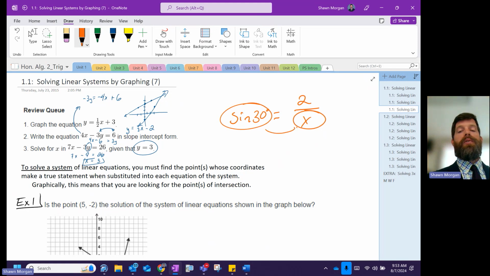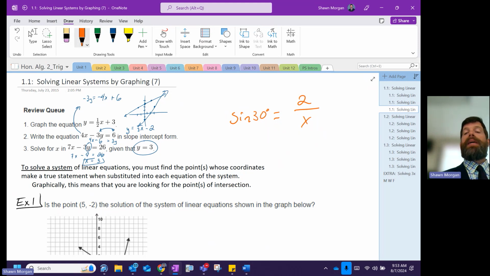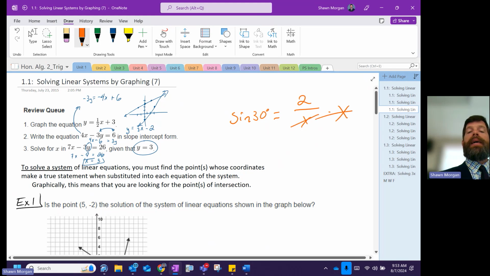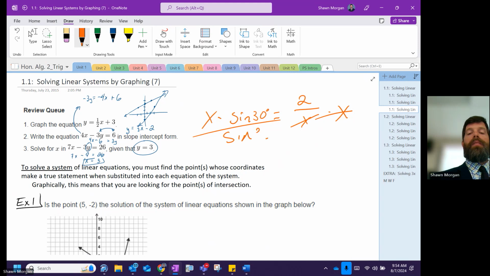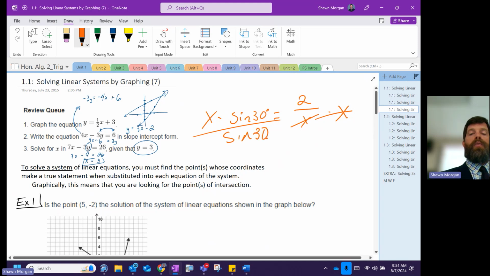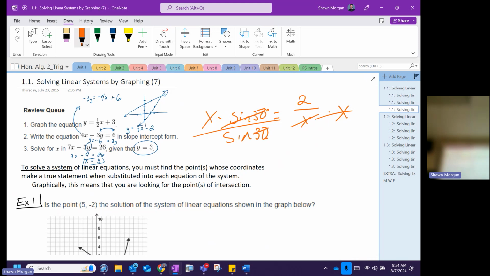In other words, these 2 guys would swap spots as well. It's just inverse operations, but you're taking a shortcut approach, right? Because what would I do if I wanted to get x by itself? I would have to multiply both sides by x, and then I would have to divide both sides by sine. In essence, what they've done, and I wish this pen would work better, is that they have switched sides. They have switched sides. I think I might have to break down and go to IT and request a new stylus. We'll see. But yeah, that's the old switcheroo.